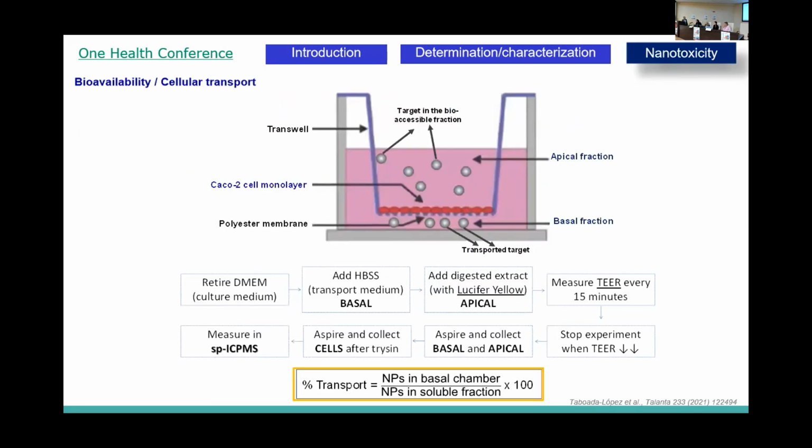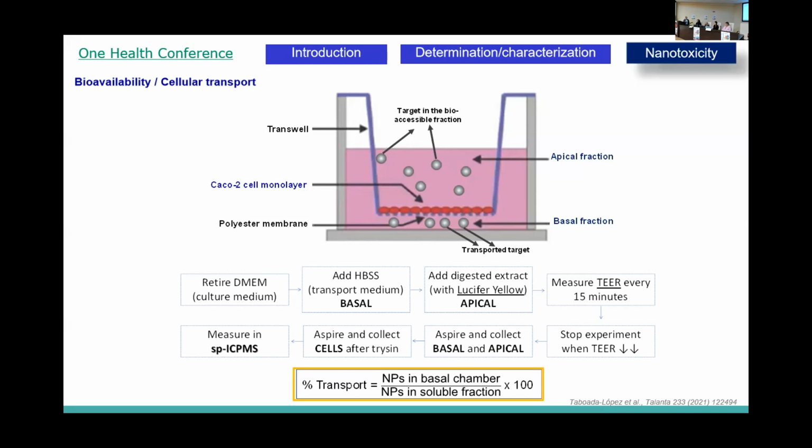Okay, so I want to show you other experiments, in this case regarding bioavailability and cellular transport. So we have used a CACO2 model. We put this CACO2 cell monolayer in this transwell device. So we load the bioaccessible fraction in the apical chamber, and after performing a series of procedures, normally incubation at 35 degrees centigrade for 2 hours, we are able to collect the basal fraction.